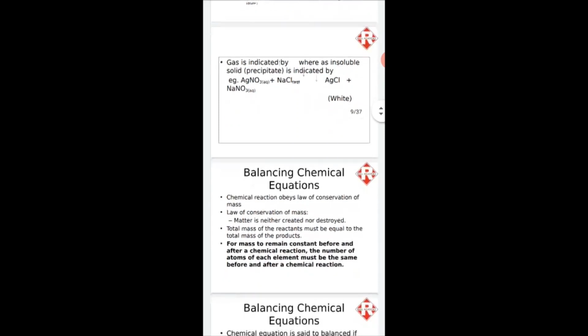So in this example, silver nitrate reacts with sodium chloride and gives AgCl plus sodium nitrate. Here AgCl, that is silver chloride, is in precipitate form, so it is indicated by a downward direction arrow. Okay.